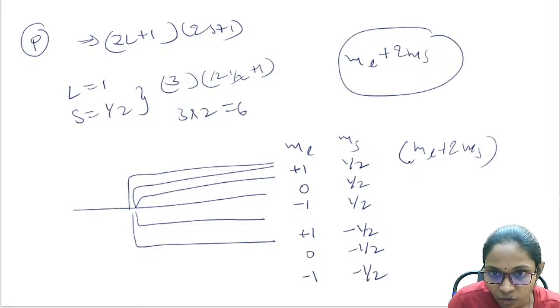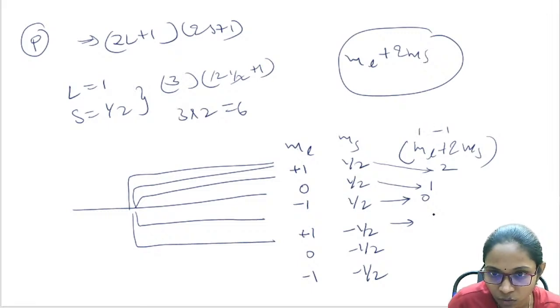Now find out this ML and 2MS values. So ML is 1 and 2MS will be 1. Therefore 1 plus 1 is 2. For this value this will be 2. And here you will be having 2 to cancel, 1. This will be minus 1 plus 1. This will be 0. And this will be plus 1 minus 1.